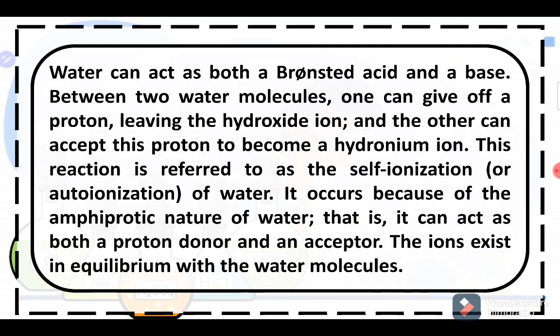This reaction is referred to as the self-ionization or auto-ionization of water. It occurs because of the amphiprotic nature of water. That is, it can act as both a proton donor and an acceptor. The ions exist in equilibrium with the water molecules.